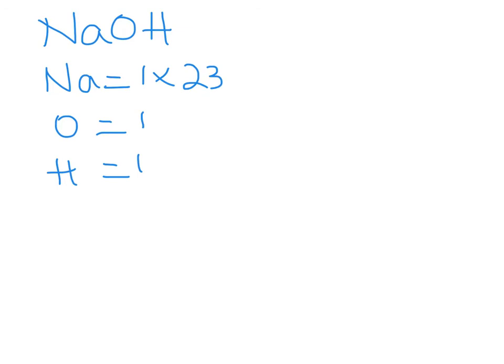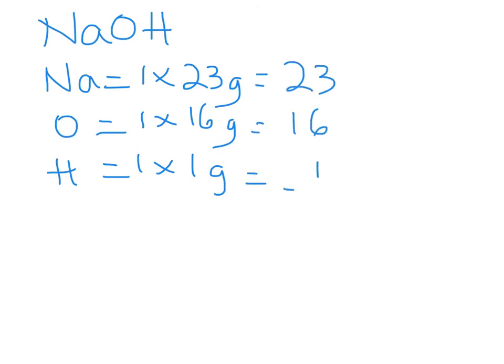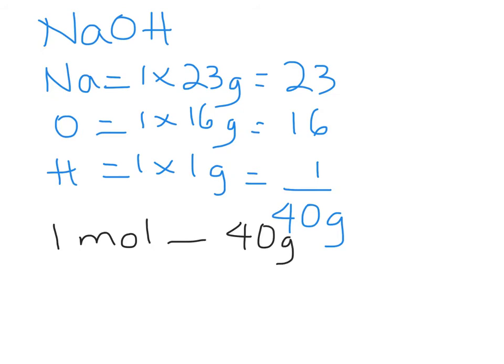I get the grams from the periodic table and round it. And then I add all of this, which is 40 grams. In 1 mole of sodium hydroxide, there are 40 grams.